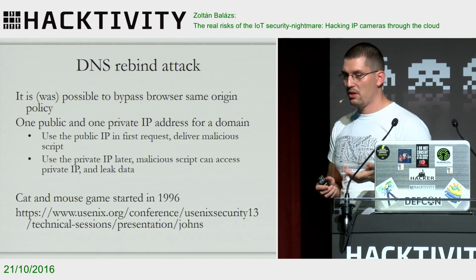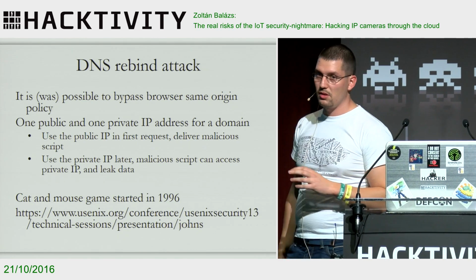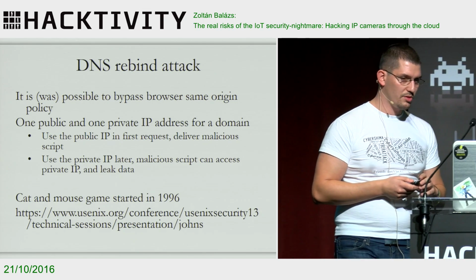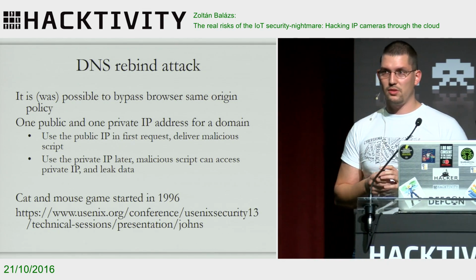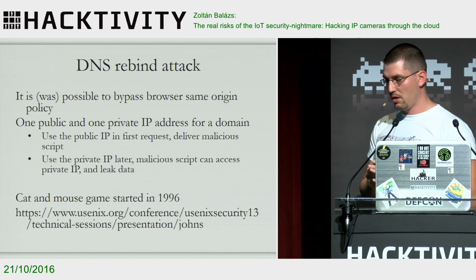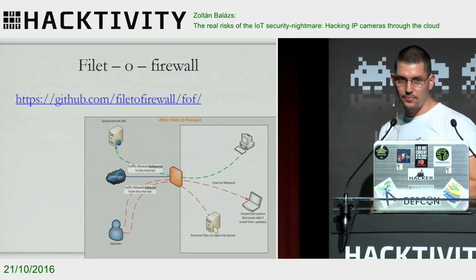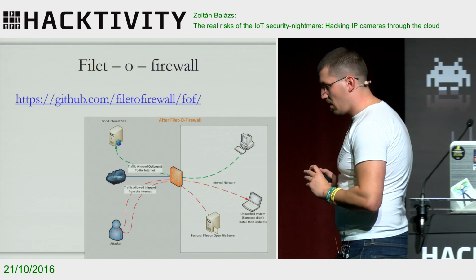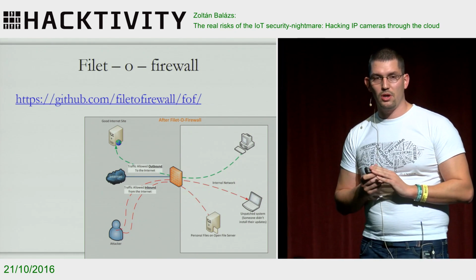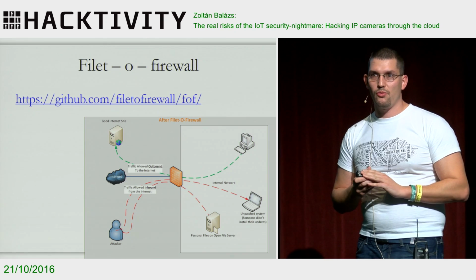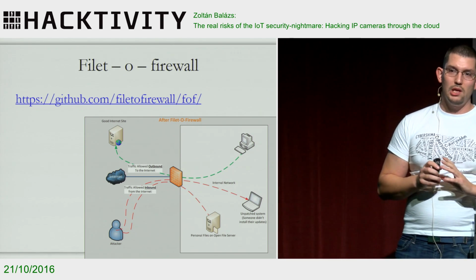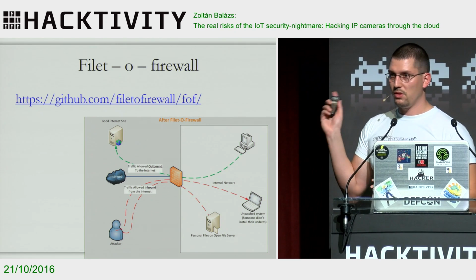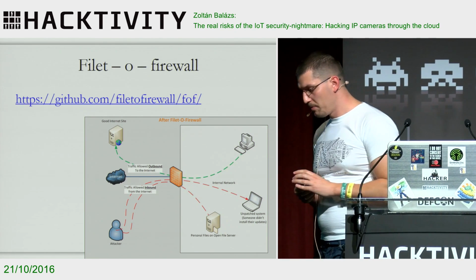This whole area is a cat and mouse game since 1996, so it's really, really old stuff, but still in the past there were new ways to circumvent this. There is a very, very interesting attack already published called Filet-O-Firewall. So if you are interested in this kind of topic, I really recommend you to visit their website and check their scripts.